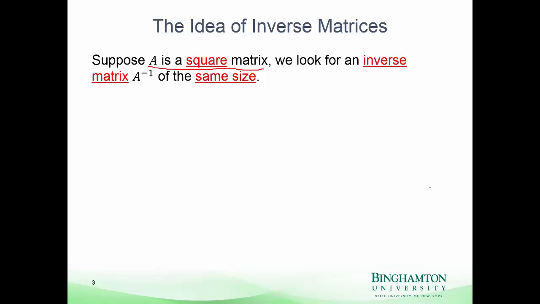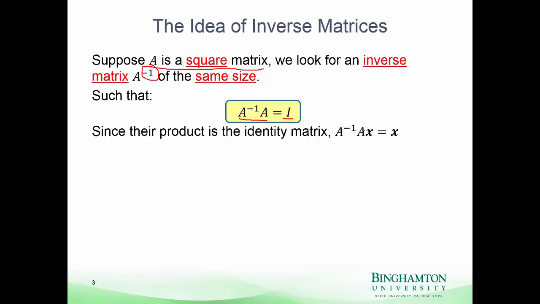You give me a square matrix, and I'm looking for another matrix that has the same size as the given matrix A, and we'll call it the inverse matrix, A inverse. This little superscript here we read as inverse. In order for it to be the inverse matrix of A, it has to satisfy this: A inverse times A has to give us back the identity matrix.